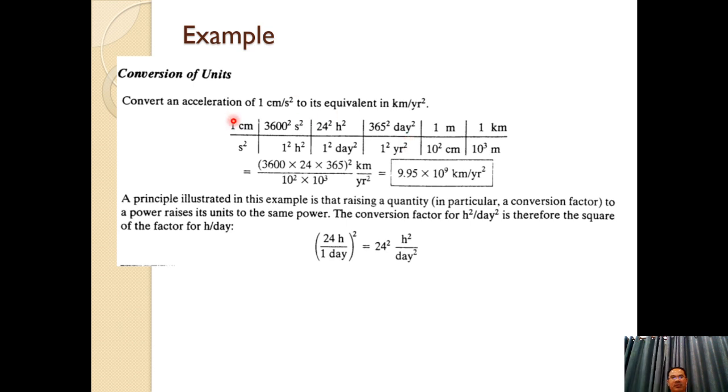And the next step, you have to change from centimeter to kilometer. The first conversion factor we use is 1 meter equal to 100 centimeter. And the second conversion factor is 1 kilometer equal to 1000 meter.